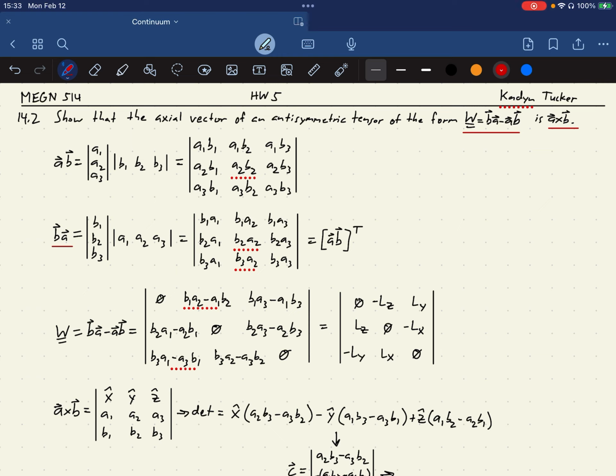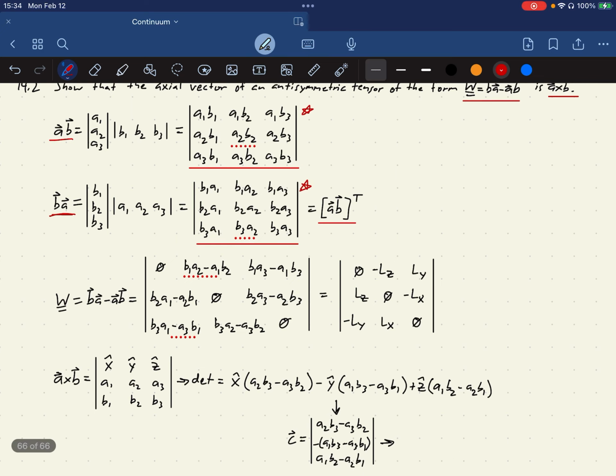So we can build these 2 matrices here pretty easily out of our vector multiplications here. And just as a side note, we can see that this matrix here is just the transpose of this matrix here, which makes sense, but I thought it might be a good side note.